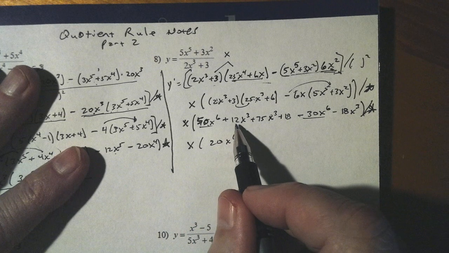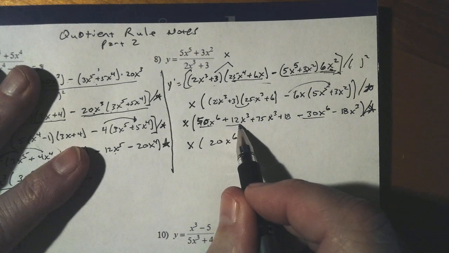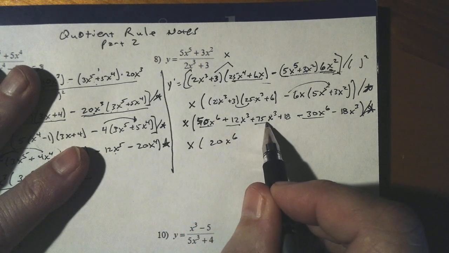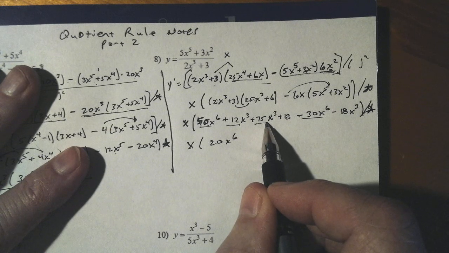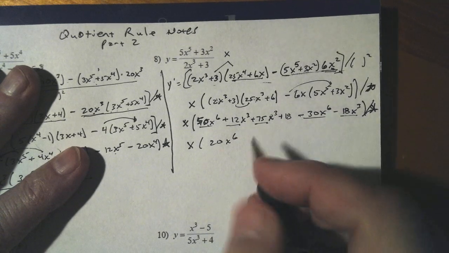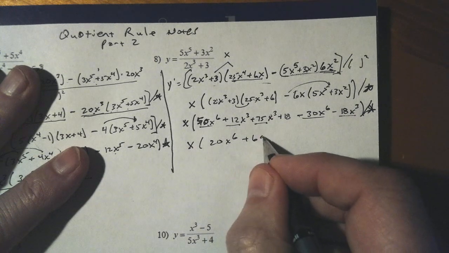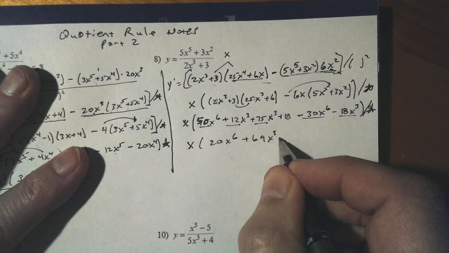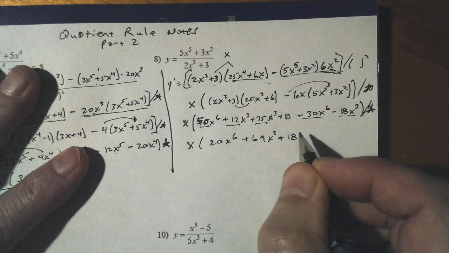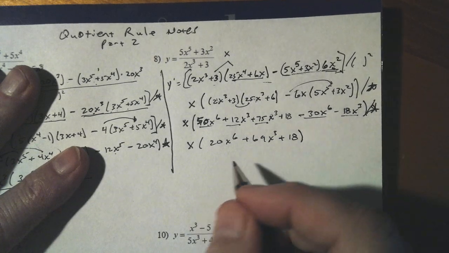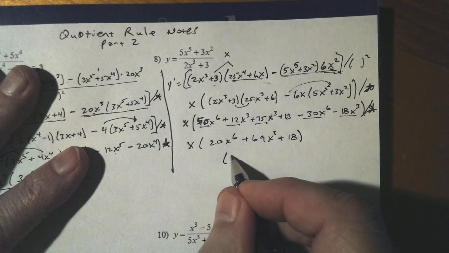X cubed, let's see, can we do it? 12 and 75, 87, minus 18, 69x cubed, and a plus 18, all on the square of the thing below.